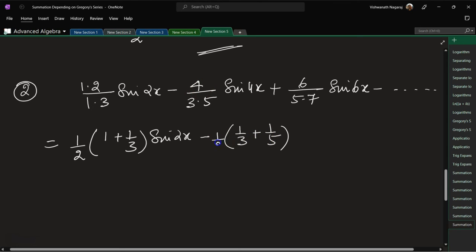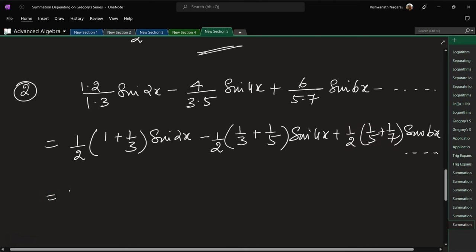So we have to reduce it by half. So take half out. Sine 4x. The same way, we will end up with half of 1 by 5 plus 1 by 7, sine 6x, and on and on. Verify it fast: 7 times 5 is 35, that is okay. 7 plus 5 is 12, divided by 2 is 6.